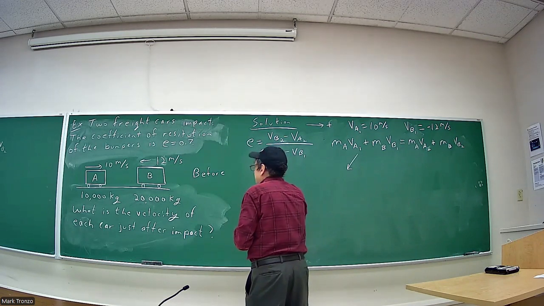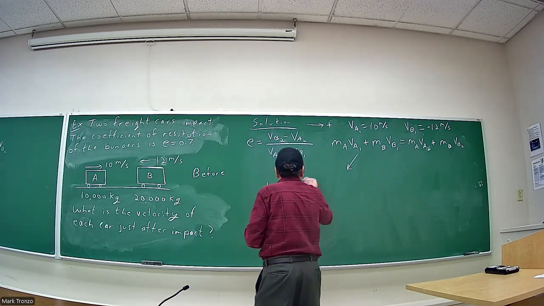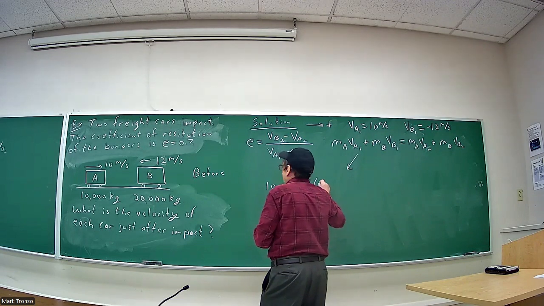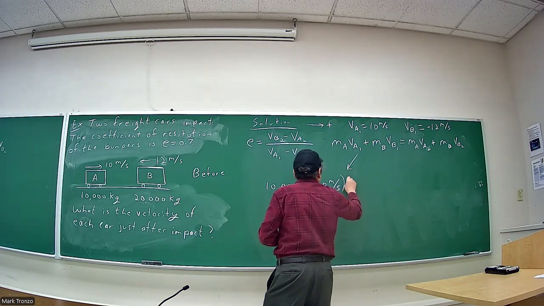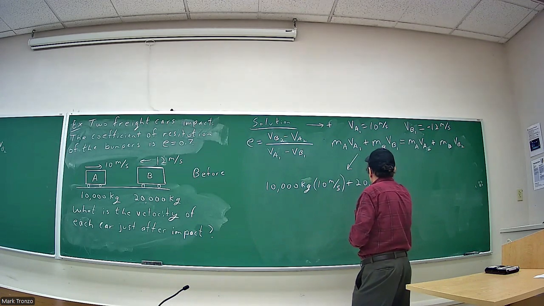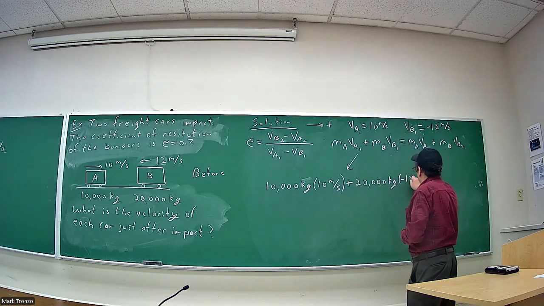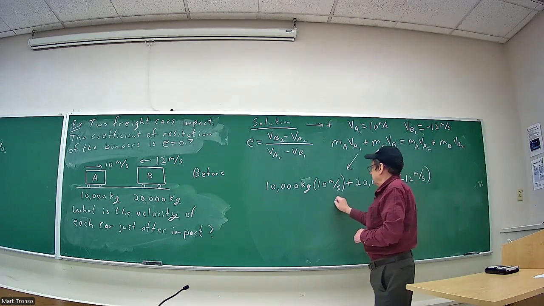Let's maybe start with this equation here. So let's fill in what we can. The mass of A is 10,000. The velocity of A before impact is 10 meters per second. Mass of B is 20,000 kilograms. Velocity of B is negative 12 meters per second. And we're going to have to use another line here for the right-hand side.